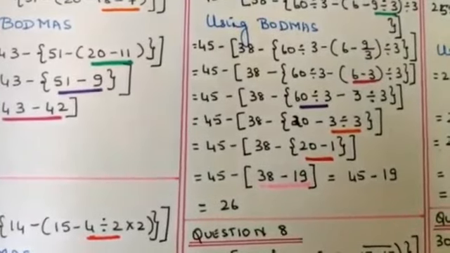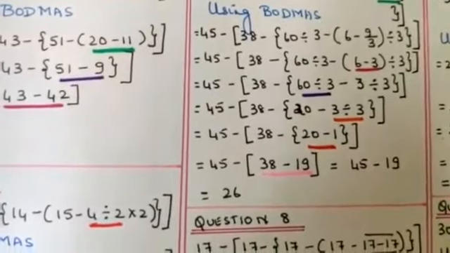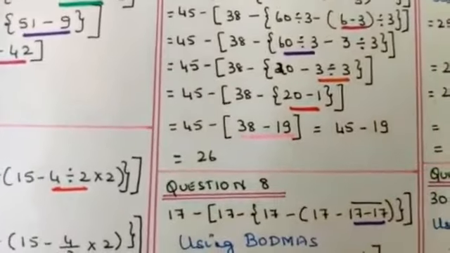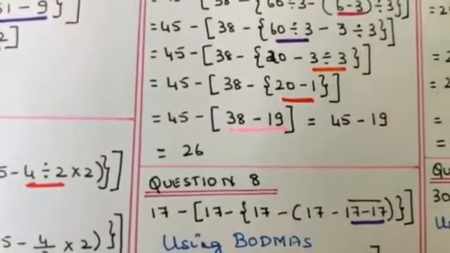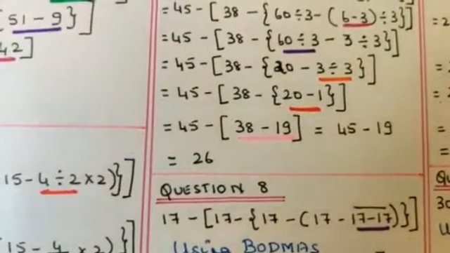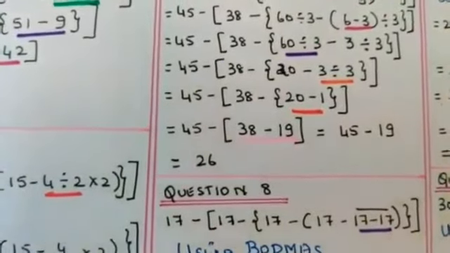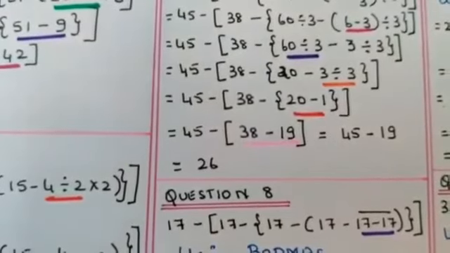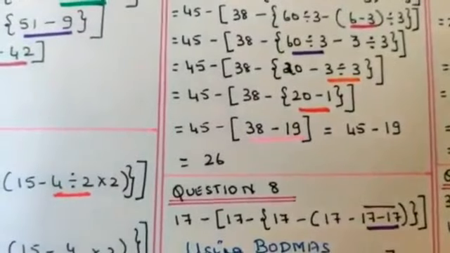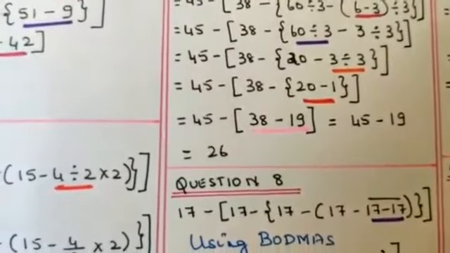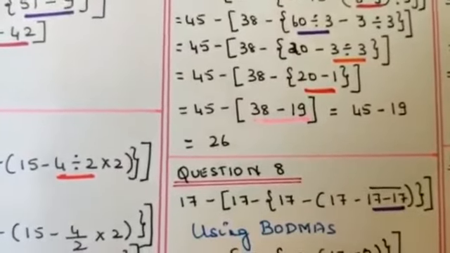So first I perform 60 divided by 3, which becomes 20, minus 3 divided by 3. So the next step, the expression becomes 45 minus 38 minus 20 minus 1. So I've solved the expression inside the flower bracket, and we get 45 minus 38 minus 19. So now solving the expression inside the square bracket, we get 45 minus 19, and then the answer becomes 26.